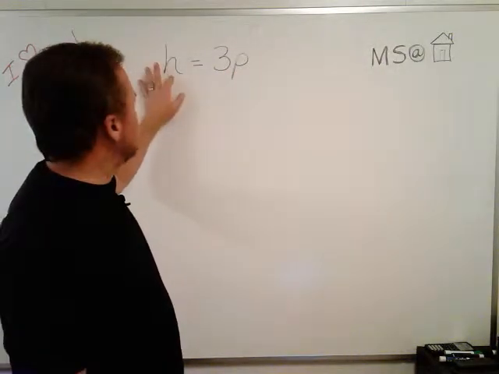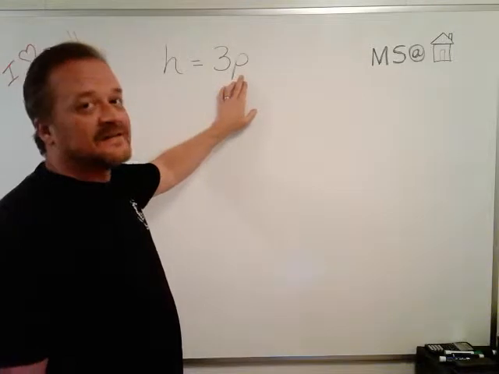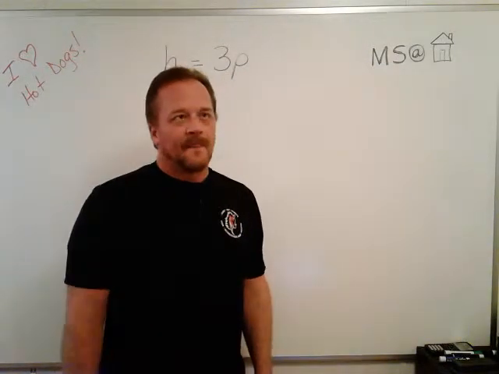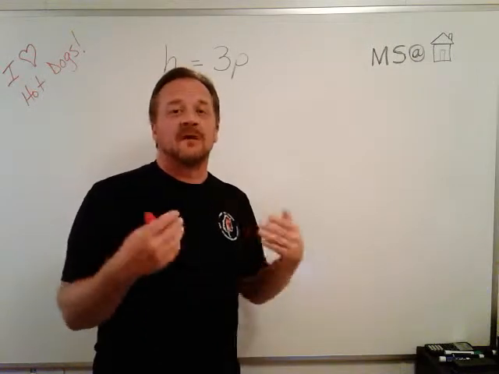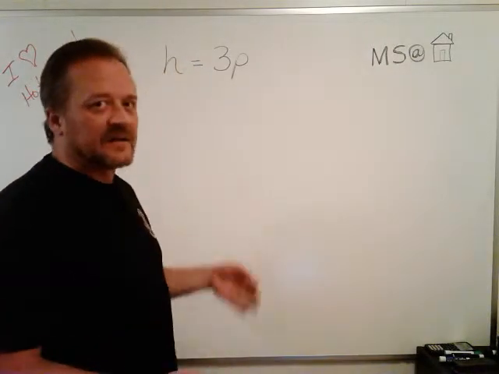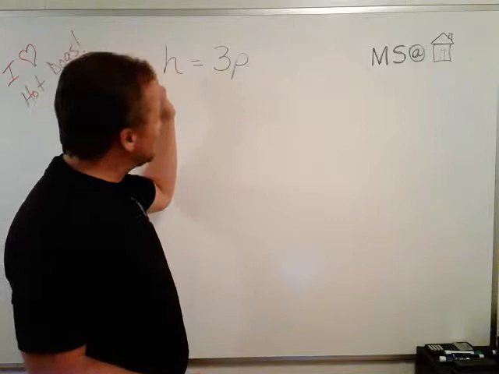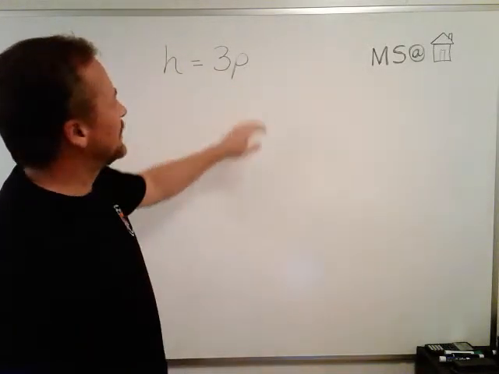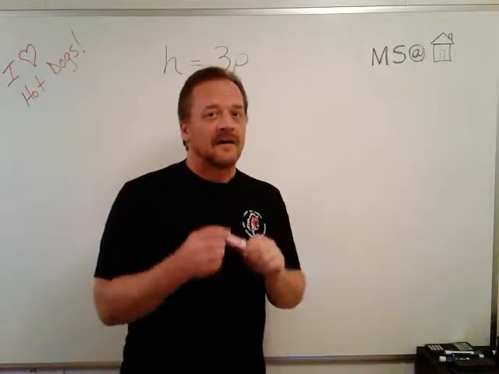Okay, so this is the dependent variable, this is the independent variable. And I think it's most clear when you ask which depends on which. And obviously, the hot dogs that I buy depends on how many people show up, right? So this is the equation for that situation. Now let's make a table.